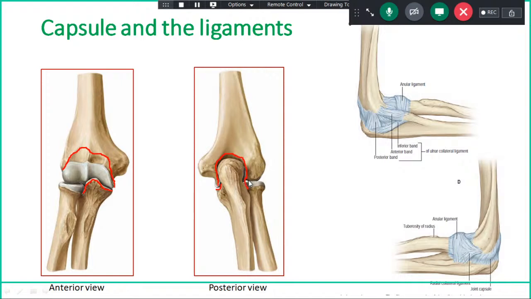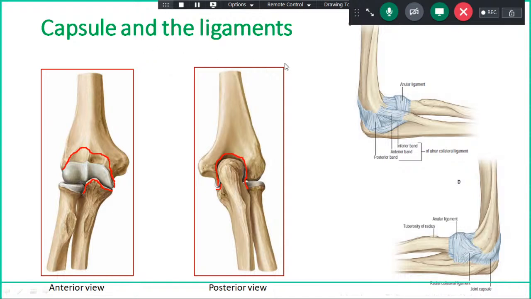Then down here it gets blended with the annular ligament, and there is a part of the coronoid process, again the edges. So this whole thing is the attachment of the capsule of the elbow joint.